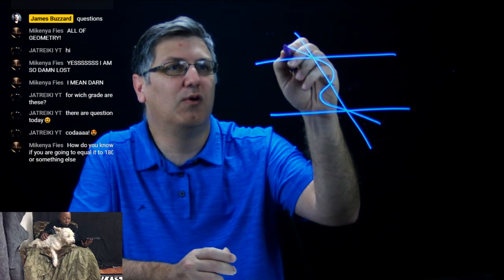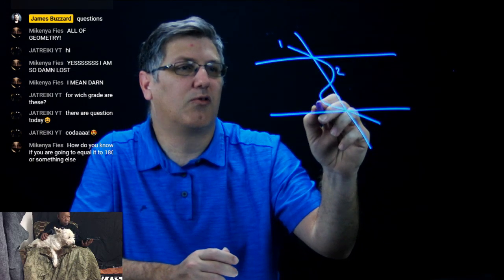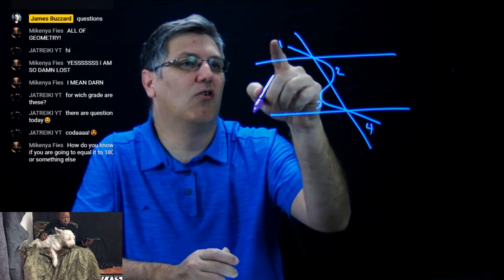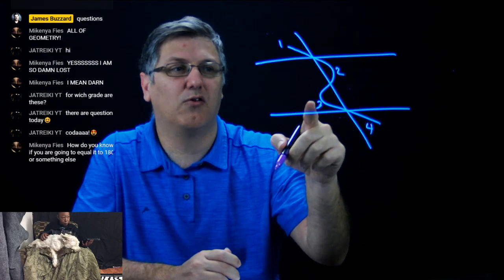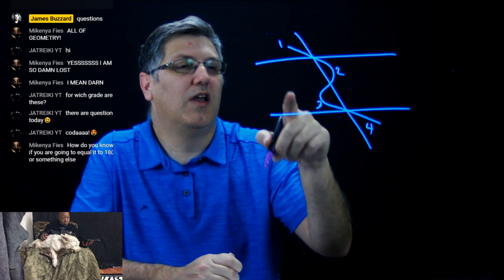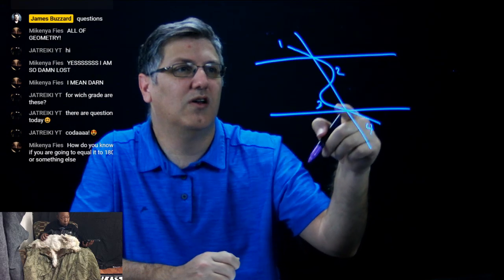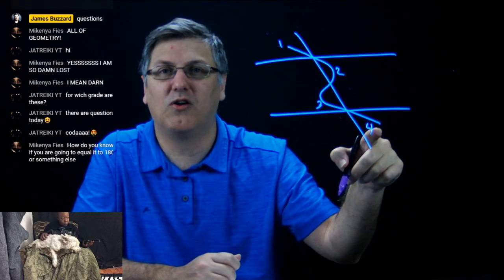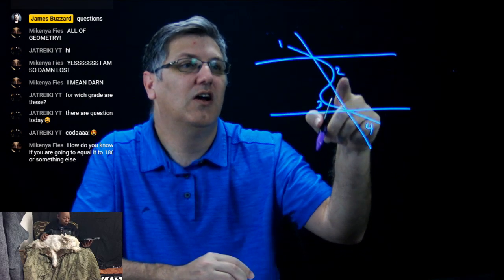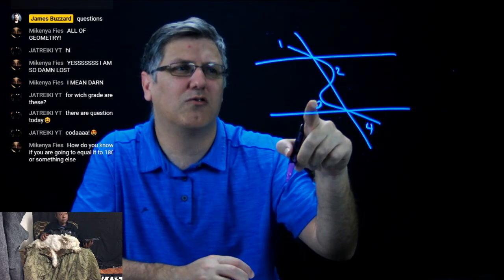If we call this angle 1, angle 2, angle 3, and angle 4: angle 1 and angle 2 are vertical angles. Angle 3 and angle 4 are vertical angles. Angle 1 and angle 3 are same side alternate angles. Angle 2 and angle 4, same side alternate angles. Those are congruent.